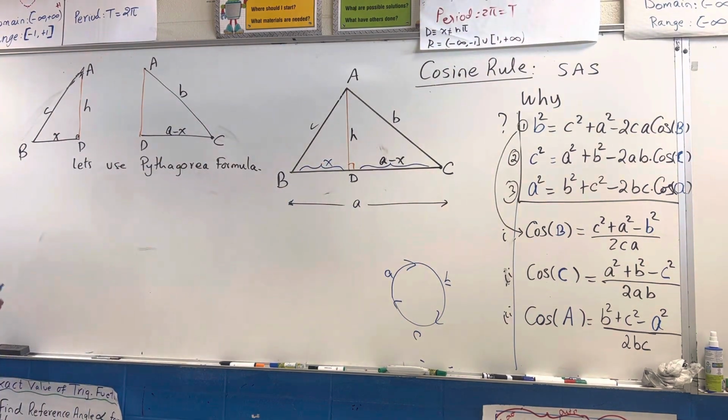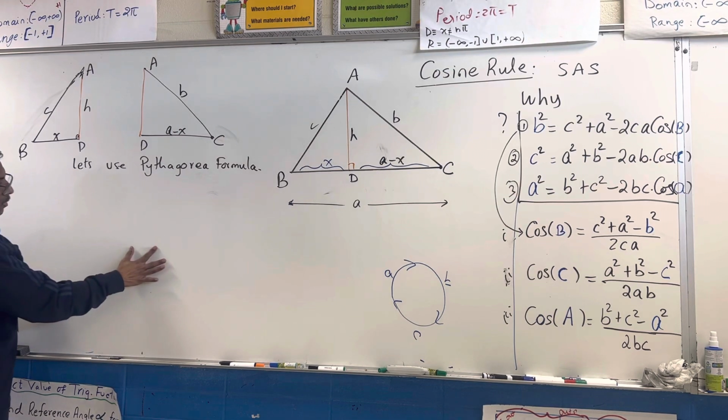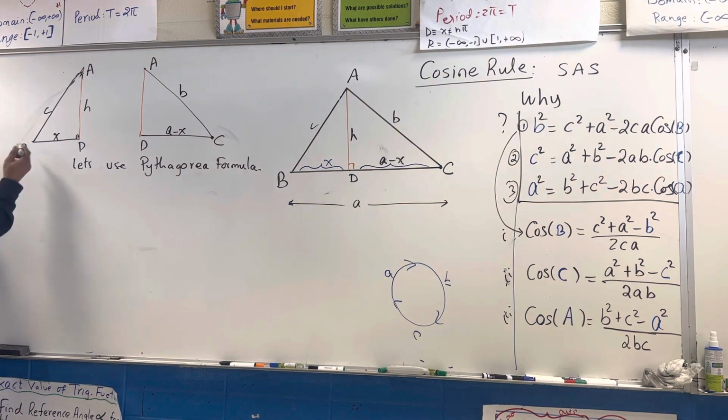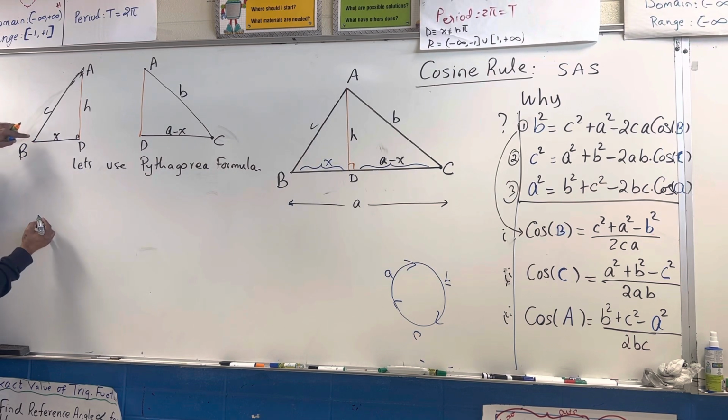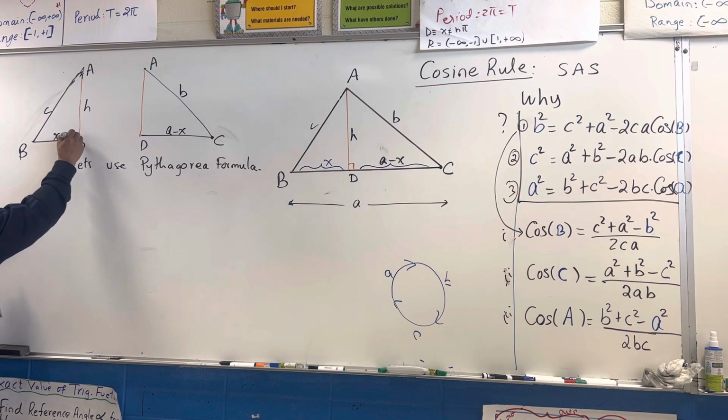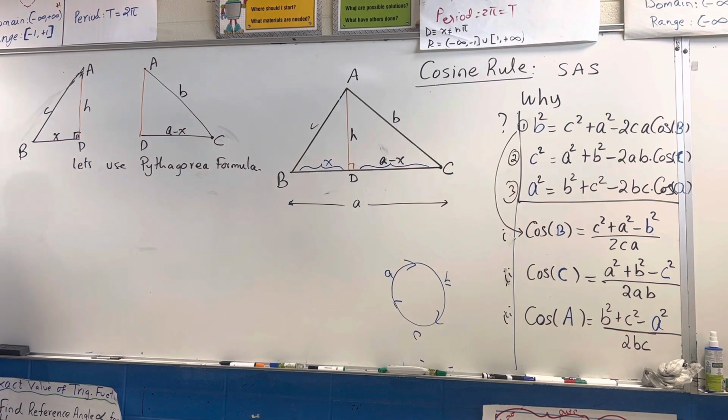So separate them. Now I'm going to use the Pythagorean formula for the first one. Somebody help me. How do I write the Pythagorean formula for this one? Quick. Which are the legs here?